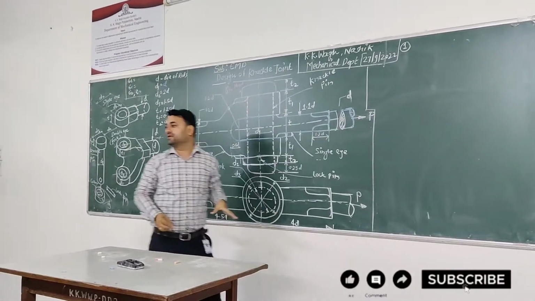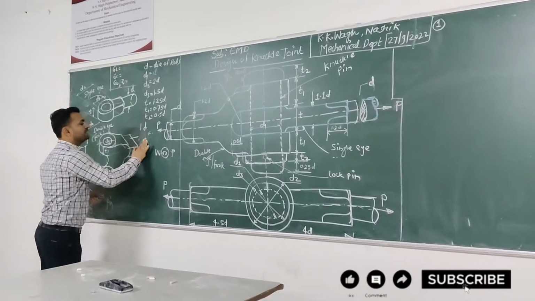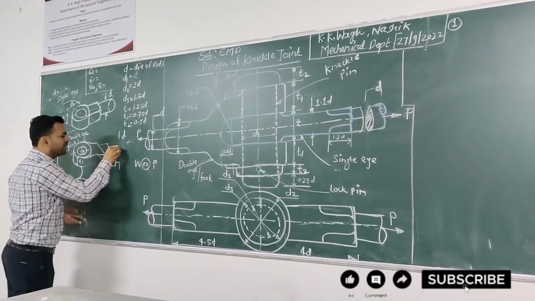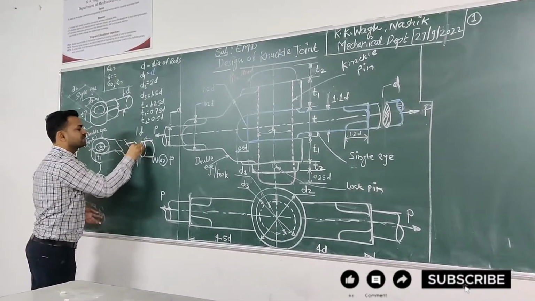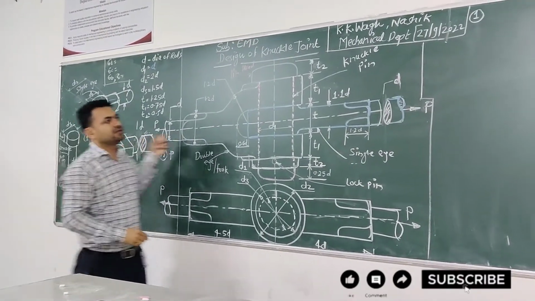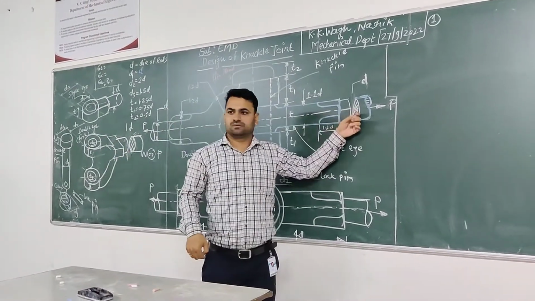This is the tensile failure. Here, as this is the diameter of the rod, due to heavy load it is going to break like this. Chances of breakage are there. This is the failure area in 3D, and here in 2D.